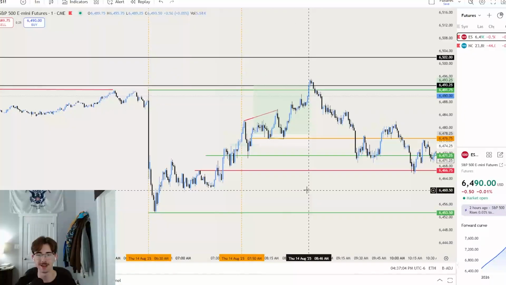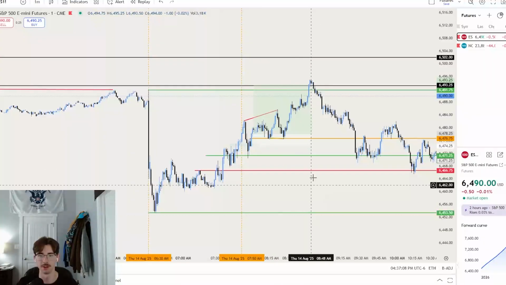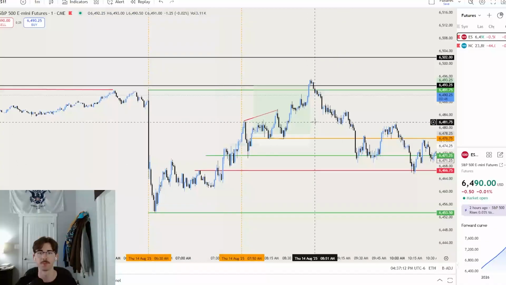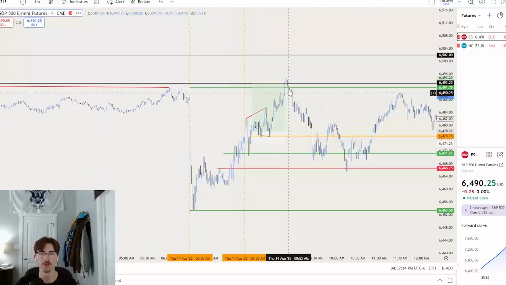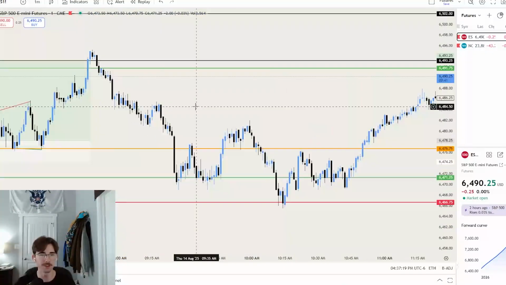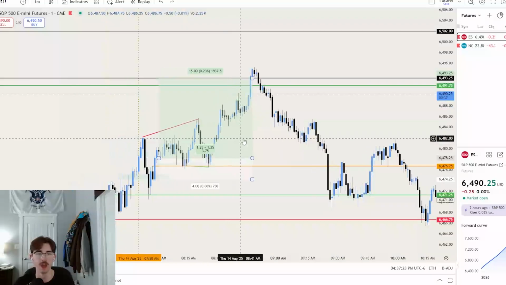The distance is greater from here to here than here to here. Also, to get down lower, you probably need orders to get filled, unless it's news or that type of thing. But that's typically how the market moves.